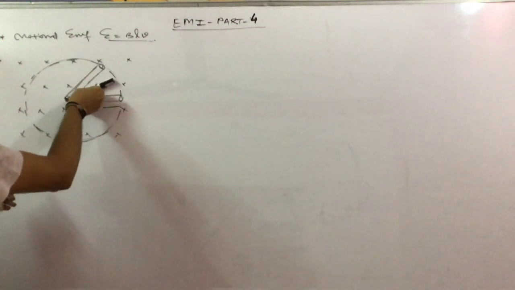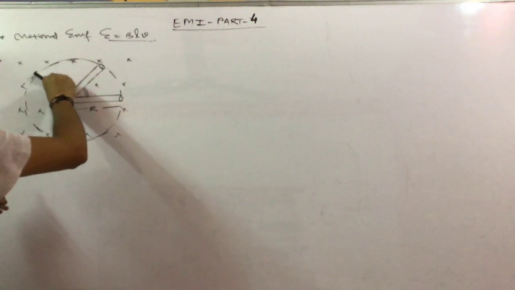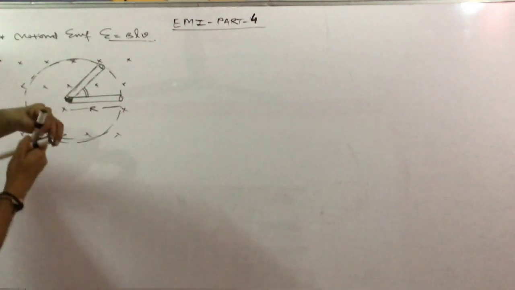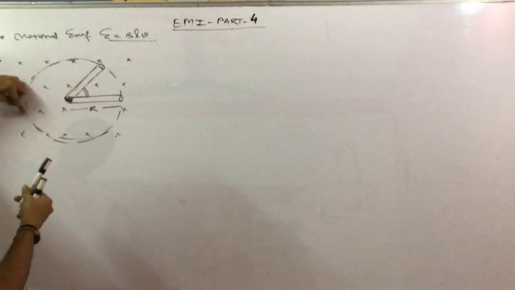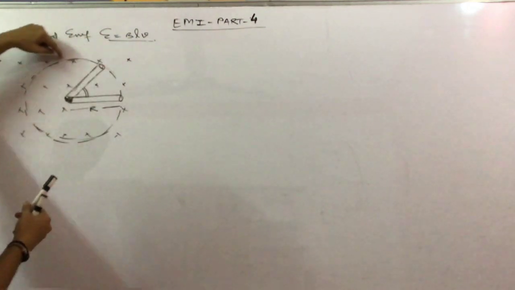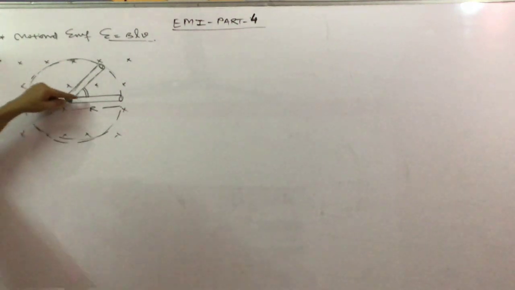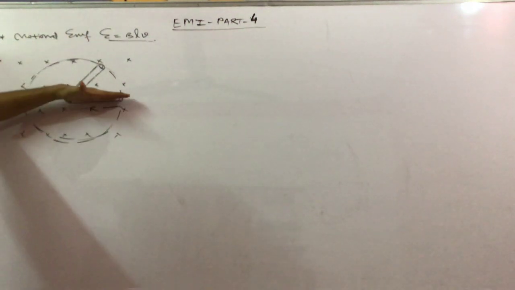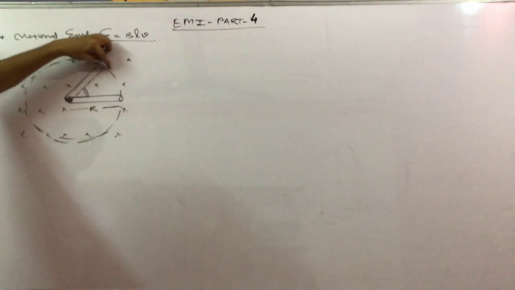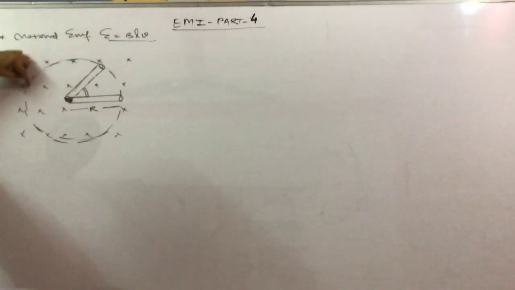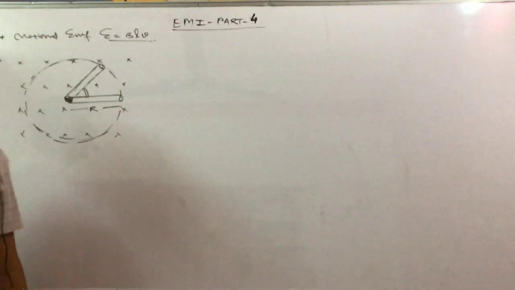This metallic rod performs motion in such a way that the outer end of the rod is continuously in contact with the circumference of the metallic ring. So this is the metallic rod, this is the metallic ring. The metallic rod continuously performs circular motion about the center and along the circumference of the ring.